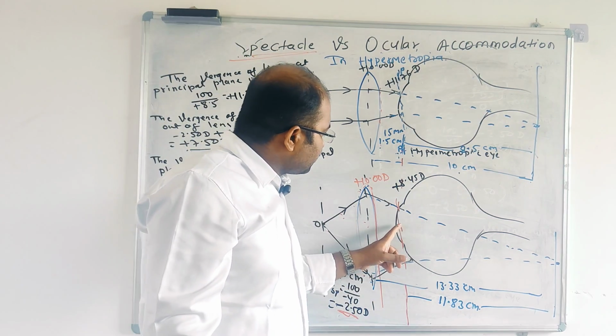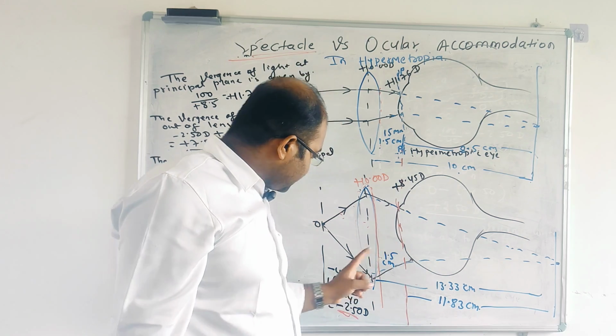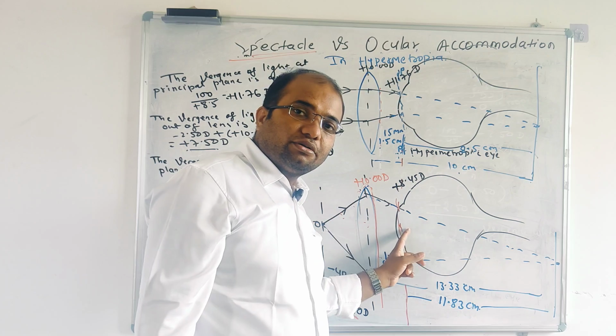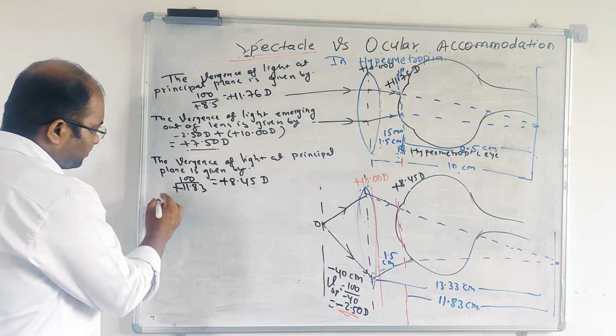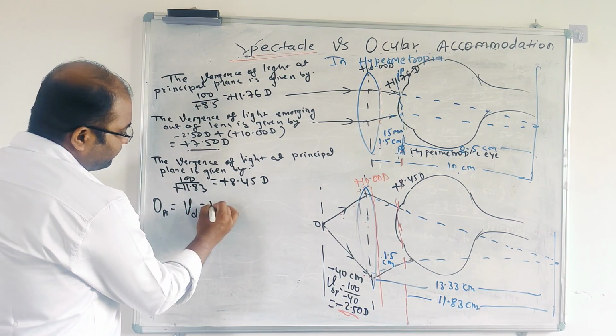So how many diopters of accommodation should this eye do when it is seeing at 40 centimeter? 3.31. So ocular accommodation is given by Vd minus Vn.